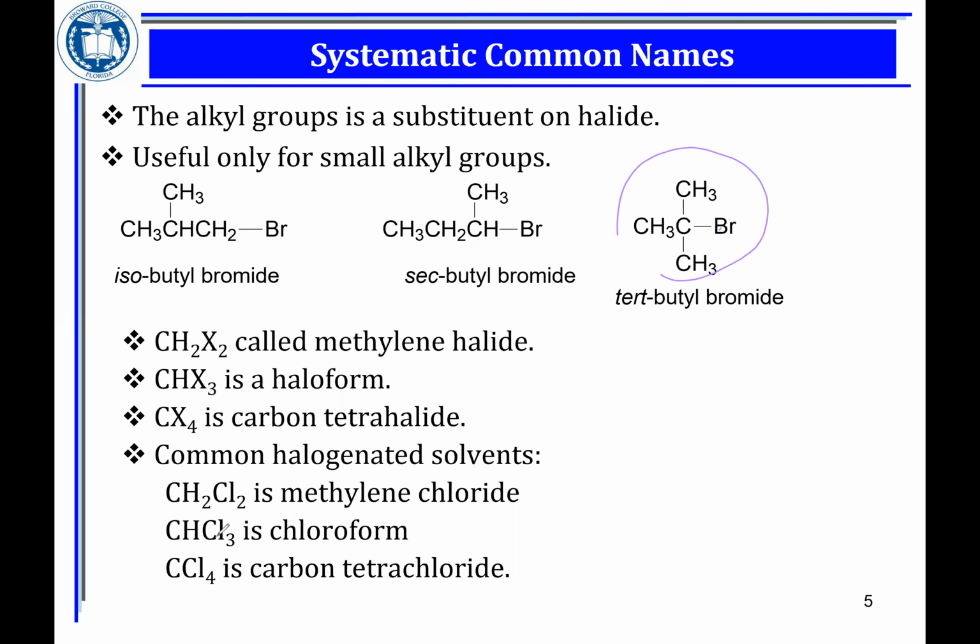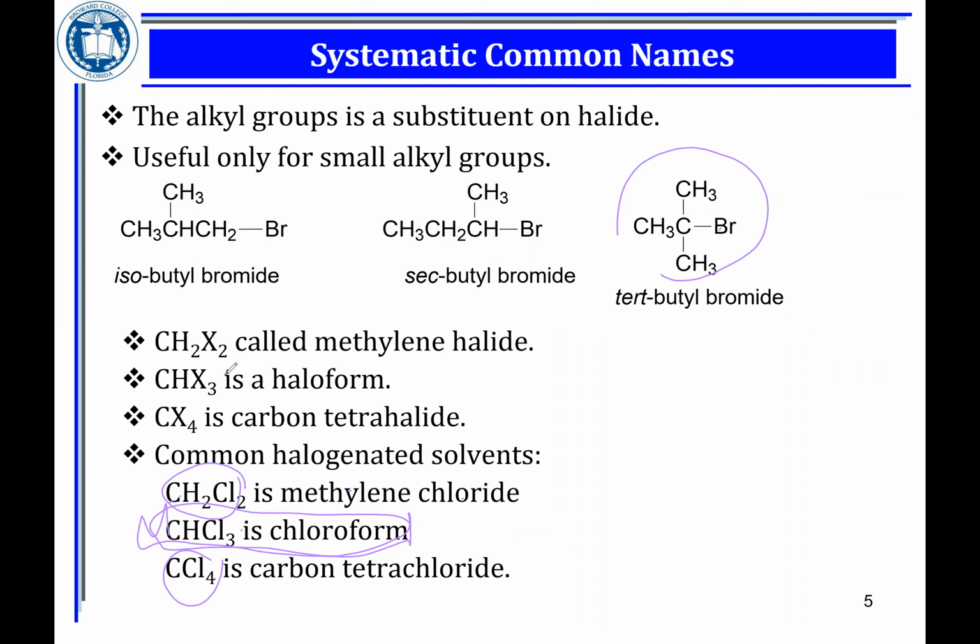So instead of saying trichloromethane, just say chloroform, like water. It's already a known name for this, chloroform. And then carbon tetrachloride, and two halogens on one carbon is like methylene chloride.